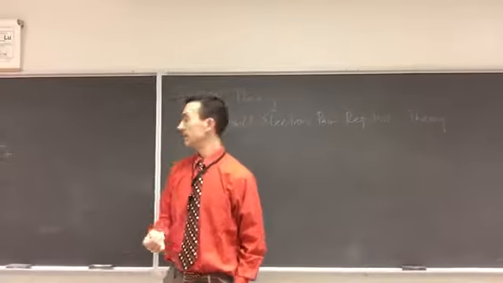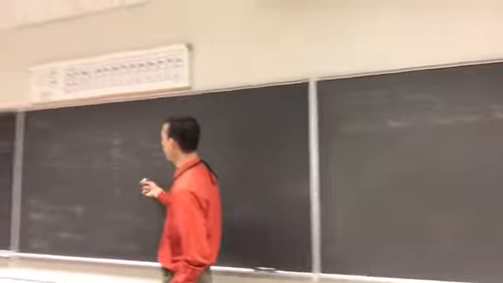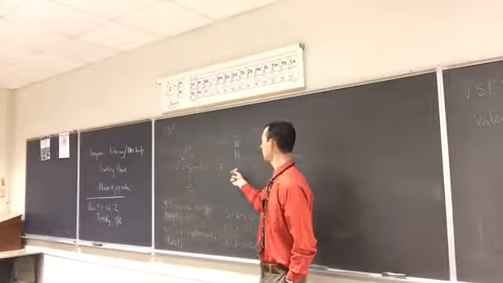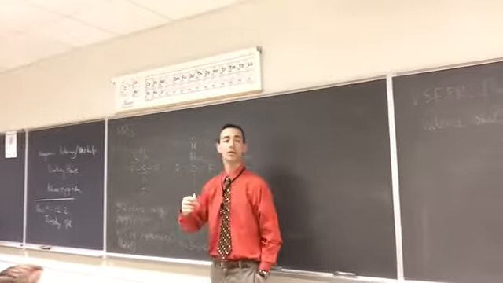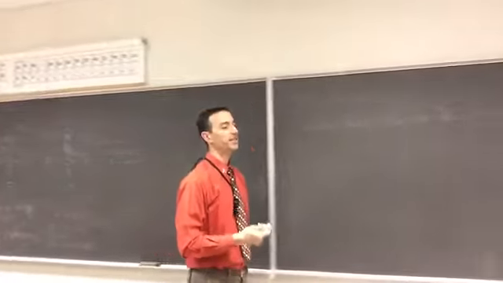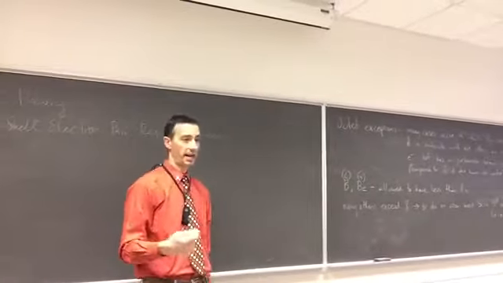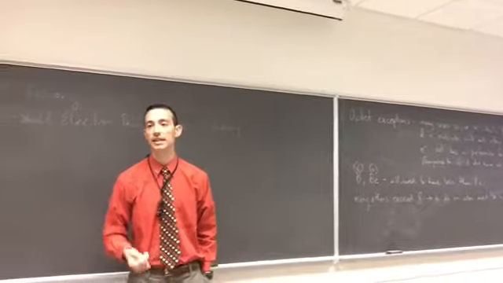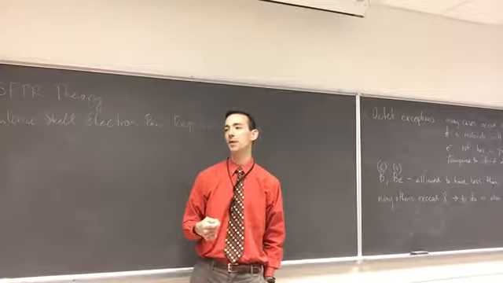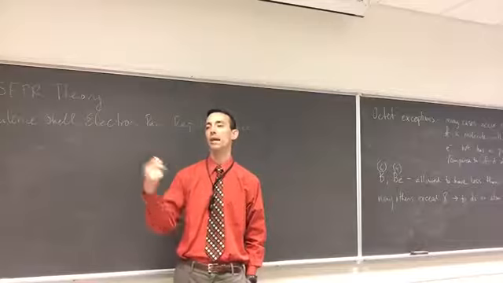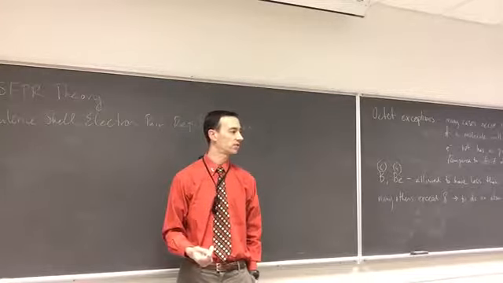The idea is that these shared pairs of electrons around the central atom of a molecule physically need space. They're actual things, electrons, and they need to be away from the other pairs of electrons.